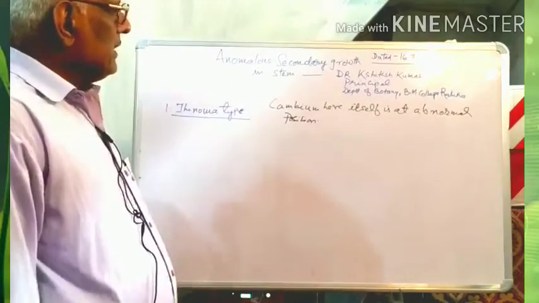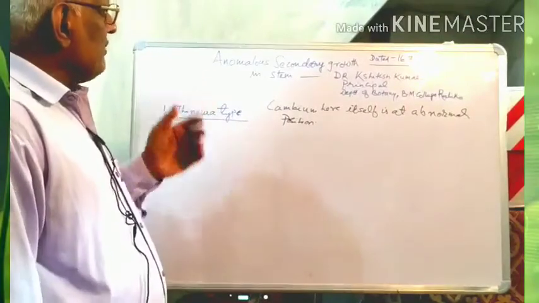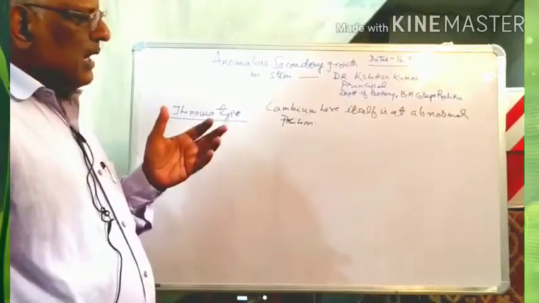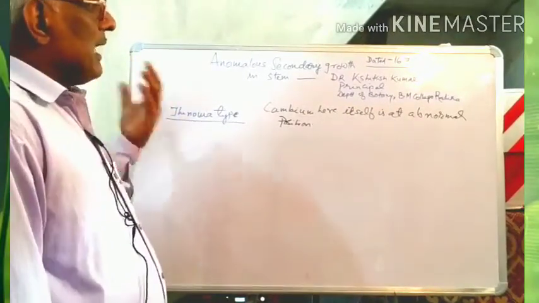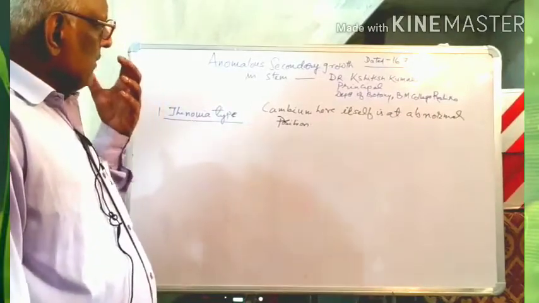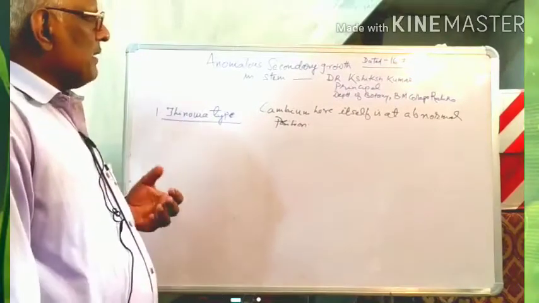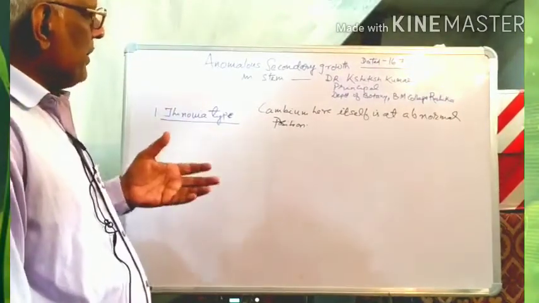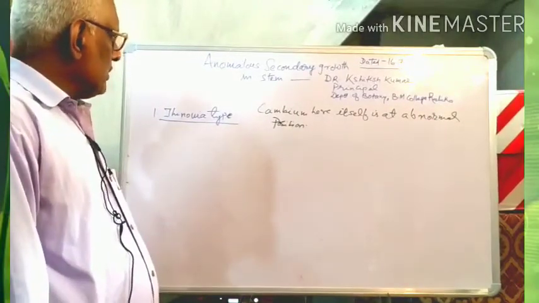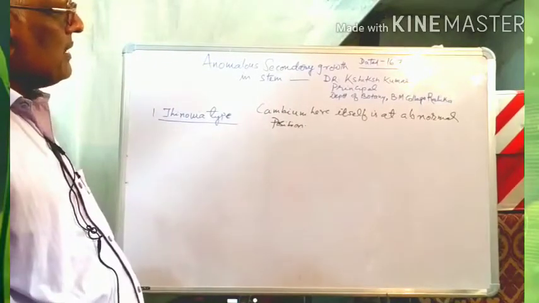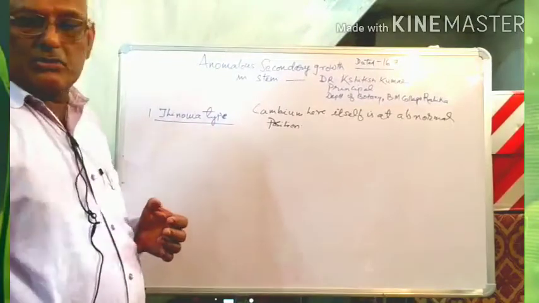So, in the heading adaptive type of anomalous secondary growth, the first was where the cambium was at normal position. We have completed all those types, and today we are starting the new type of adaptive abnormal secondary growth, in which the cambium itself is at abnormal position. Consequently, its function is also abnormal.